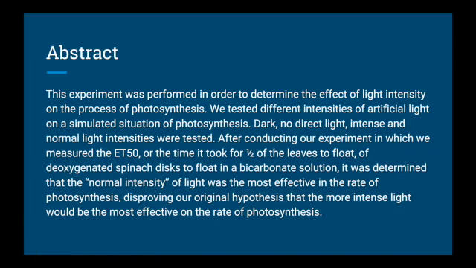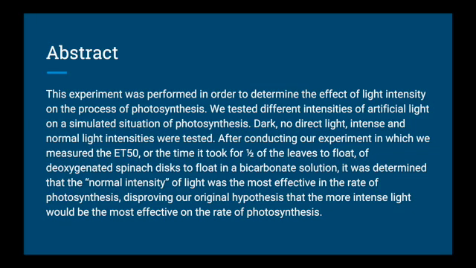Okay, in our abstract, we said this experiment was performed in order to determine the effect of light intensity on the process of photosynthesis. We tested different intensities of artificial light on a simulated situation of photosynthesis. Dark, no direct light, intense, and normal light intensities were tested.